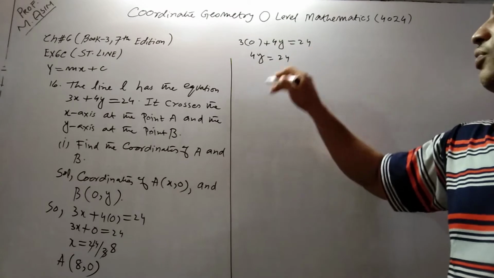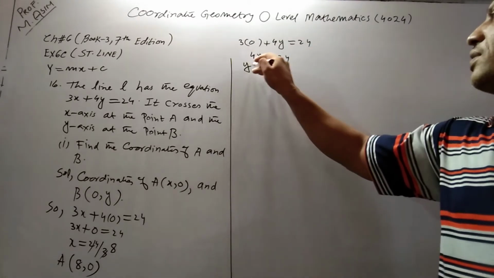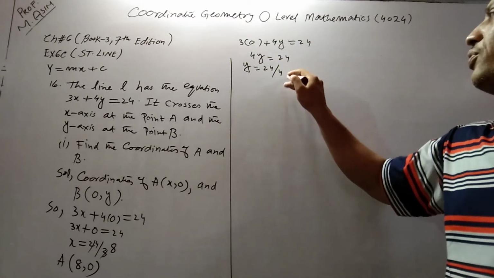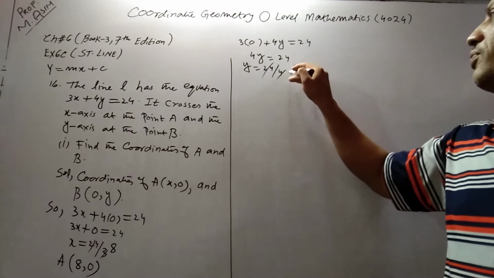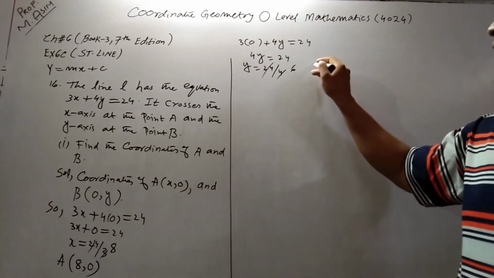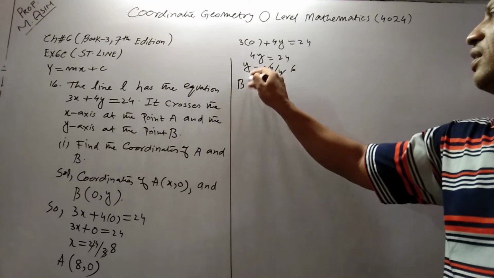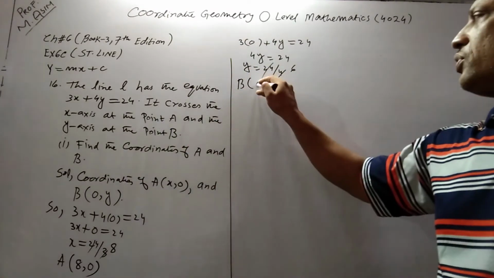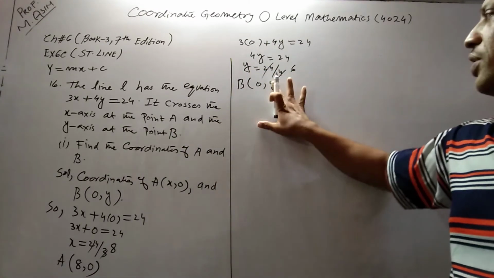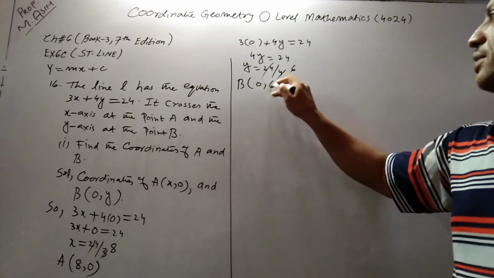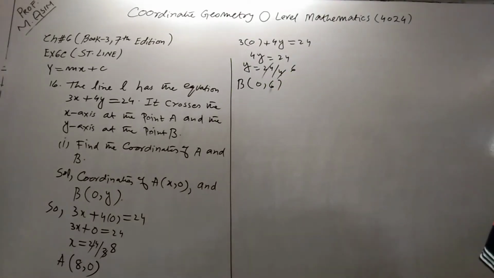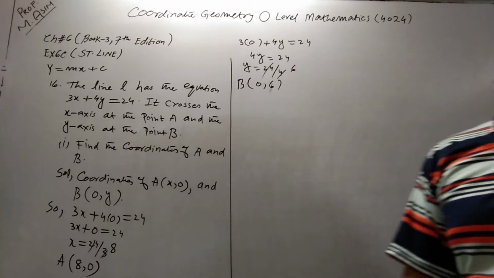So y is equals to 24 upon 4. 4 1s are 4. 4 6s are 24. And the coordinates of B are 0, y. Y is 6. This is the answer of part 1.